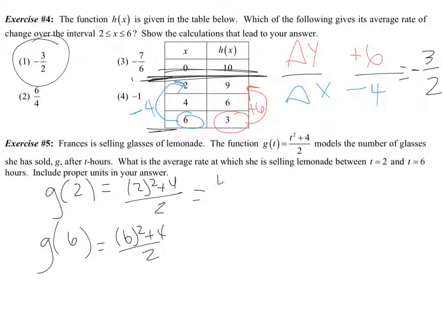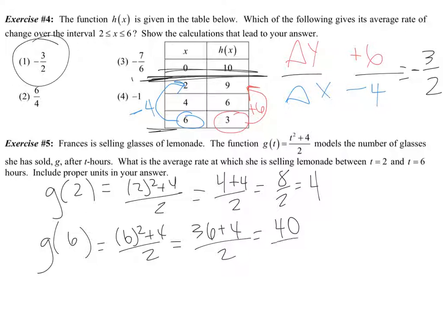So 2 squared is 4. 4 plus 4 is 8. 8 divided by 2 is 4. 6 squared is 36. 36 plus 4 is 40. 40 divided by 2 is 20.